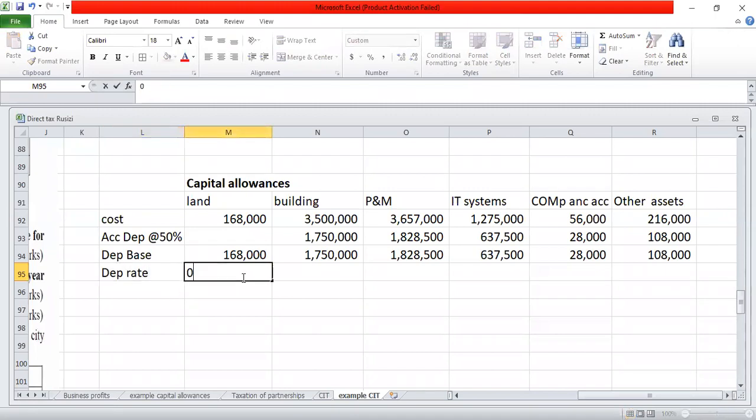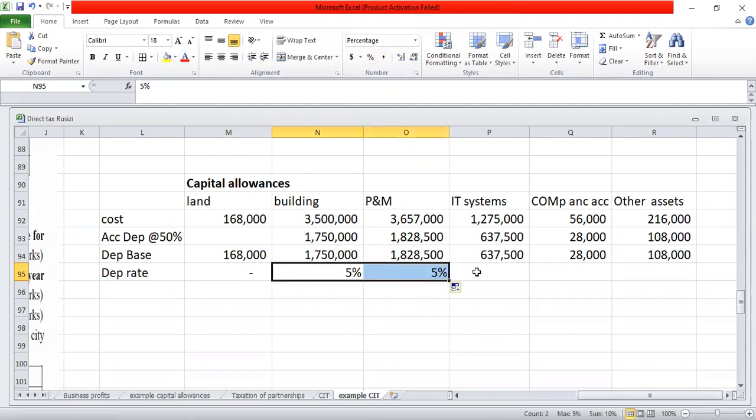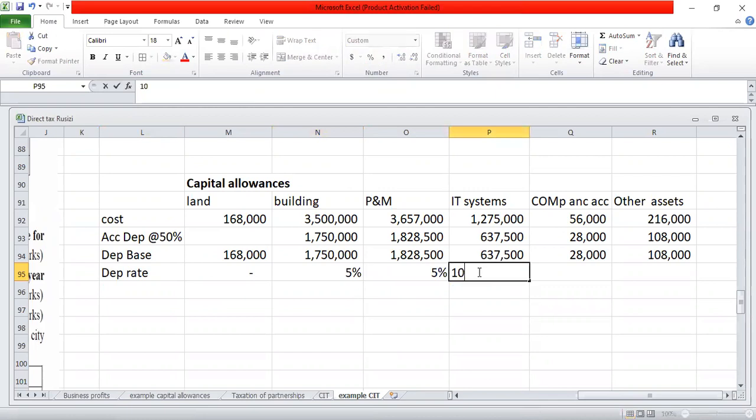So depreciation rate, our dep rate, this is 0%, we know it. Building 5%, plant and machinery the same here. IT equipment, I'm assuming they have 10 years. These ones, 50%.